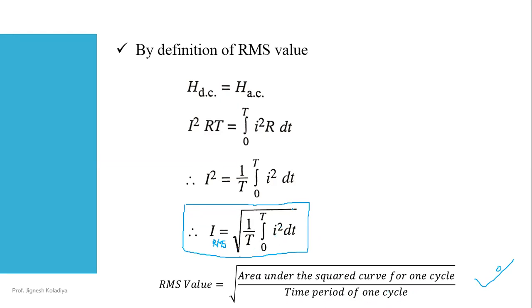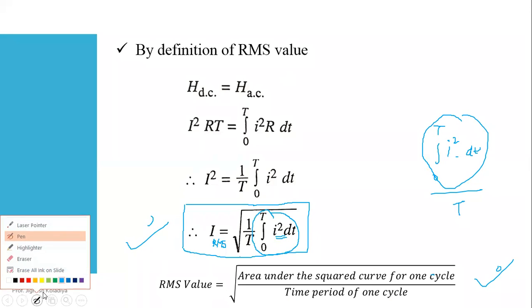So can I say that integration 0 to T I square into dt is the area under the squared curve for one cycle, because we are taking the integration from 0 to T. 0 to T means one cycle and squared curve. So this is the square of the current, and this is known as area divided by T. T means the time period of one cycle. So this is nothing but the RMS value by analytical method.